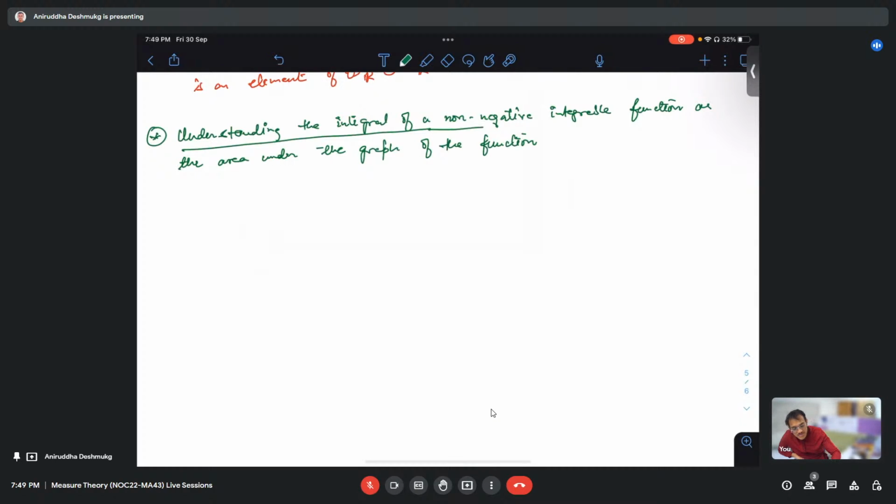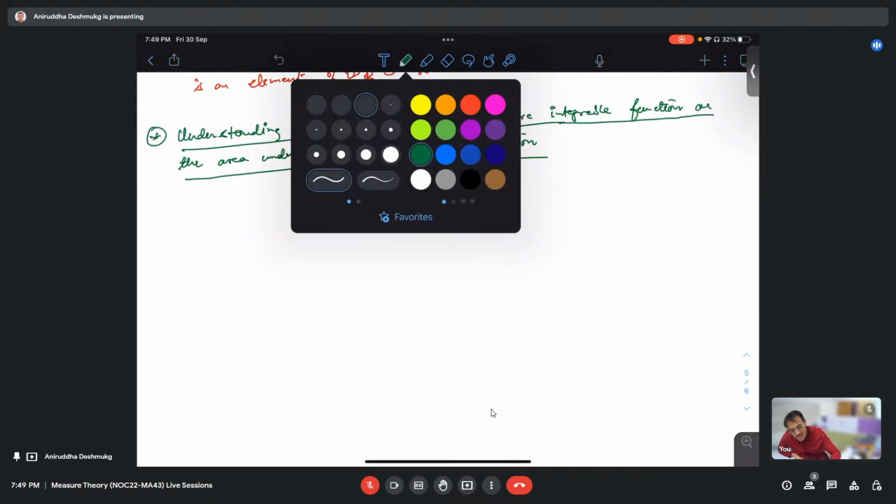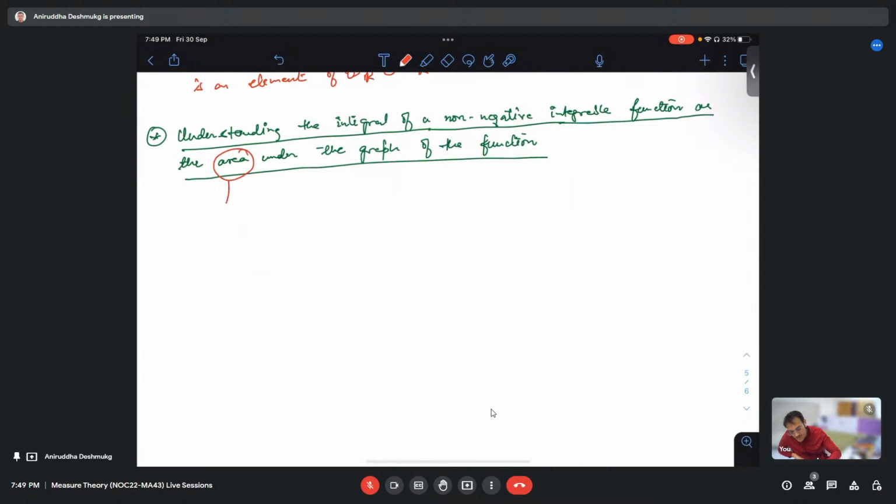So there are many things that need to be addressed here. First of all, what do we mean by area? What do we mean by under the graph? What we mean by graph is another question, but that is easy to answer. It is the collection of all points (x, f(x)) as x varies in the domain.